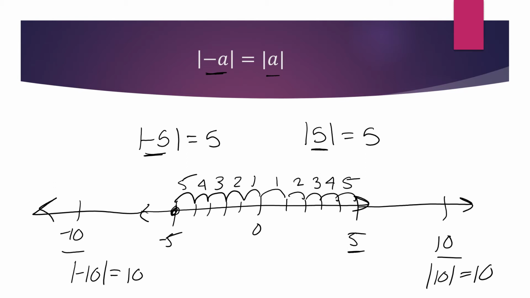So in this case, -10, +10, or -5 and +5, they will always be equal to the same number. I don't like to say it this way, but if you think about it as the absolute value makes the number positive, so the absolute value of -5 goes to +5, +5 just stays +5, then you can kind of see how they're always going to be equal to the same number.